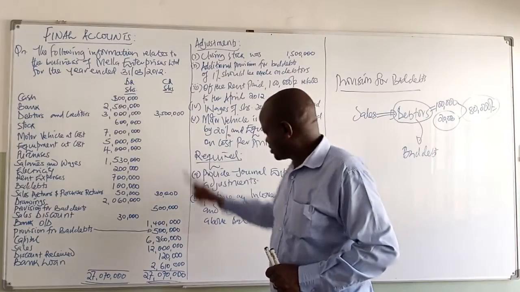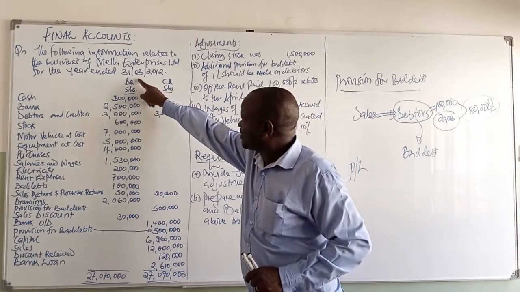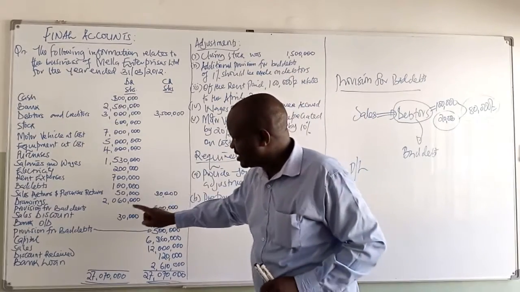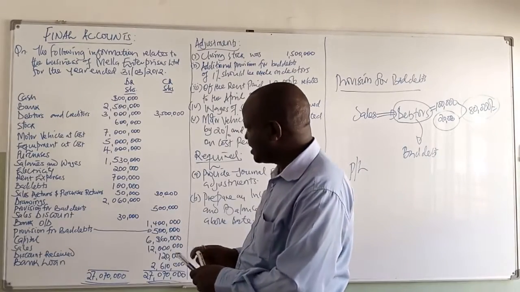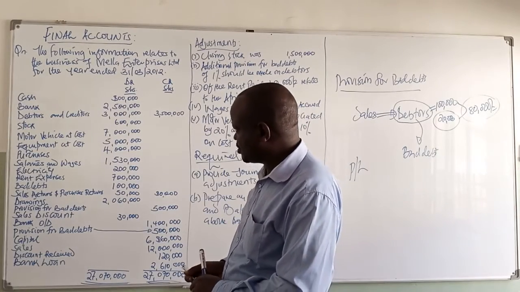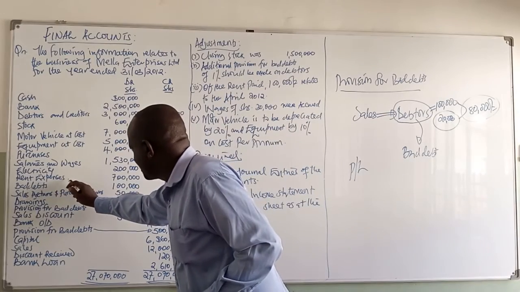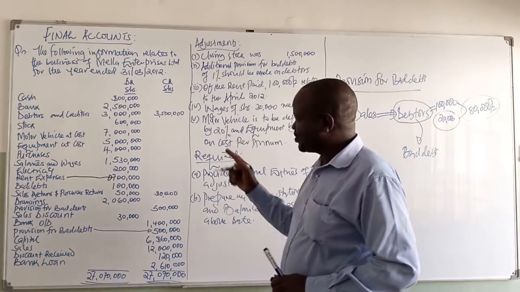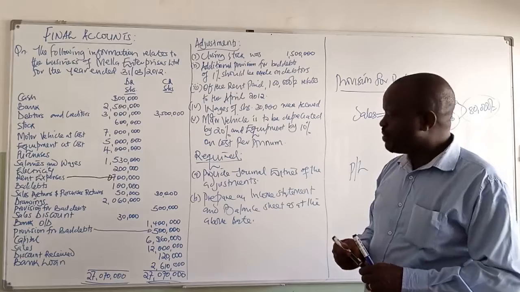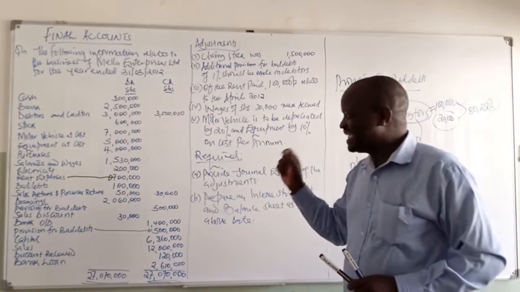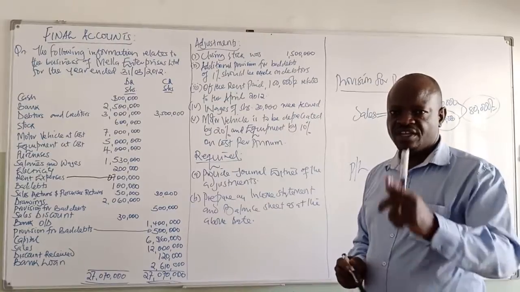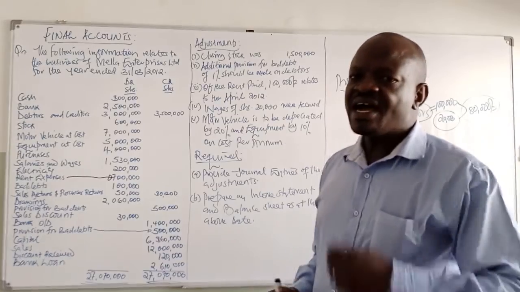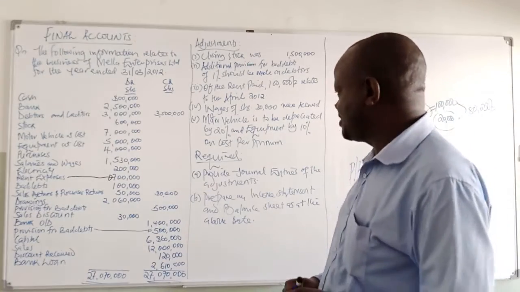When we are preparing the income statement for the year ended 31st March 2012, and they are telling us 100 out of the rent that we have inside here, and that rent, when you look at it in the question, we are seeing rent expense here. They are telling us out of 700, there is 1 million which relates to April. That simply means that there is rent in advance in that rent. We can call it advance, prepayment, unused, unexpired.